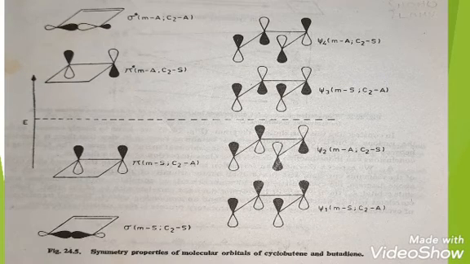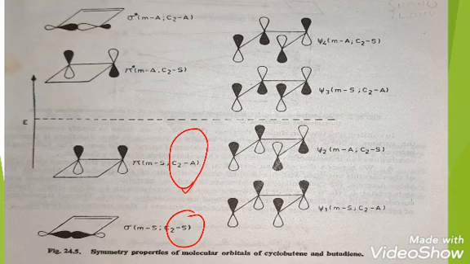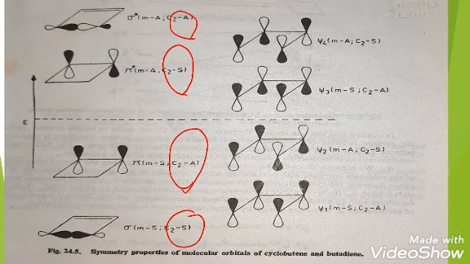In the cyclobutene molecular orbital diagram, the sigma is symmetric with respect to the C2 axis and the pi orbital is antisymmetric with respect to the C2 axis, and the high energy antibonding pi star is symmetric and the sigma star orbital is antisymmetric with respect to the C2 axis of symmetry.